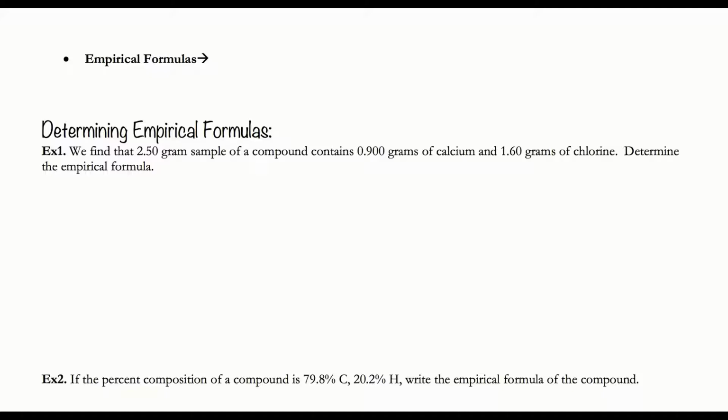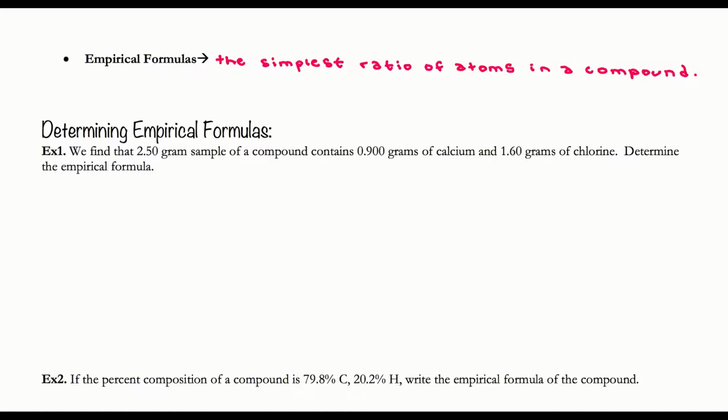So an empirical formula is the simplest ratio of atoms present in a compound. And in order to be an empirical formula, that ratio has to be made up of whole numbers, okay?